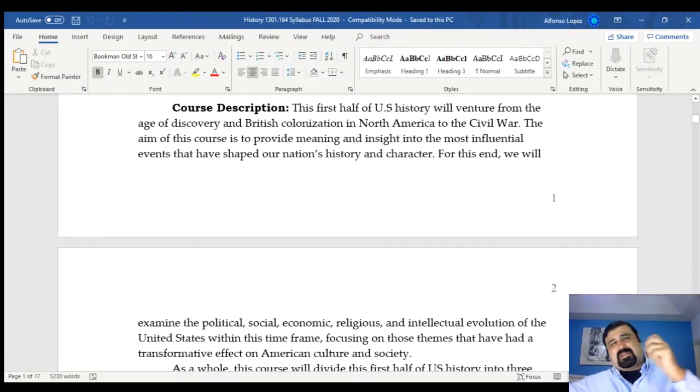Europeans are going to be coming in great numbers to establish colonies, trading outposts, etc., in different parts of the continent. And we're going to be paying close attention to the factors that led Europeans to move to the Americas in great numbers.